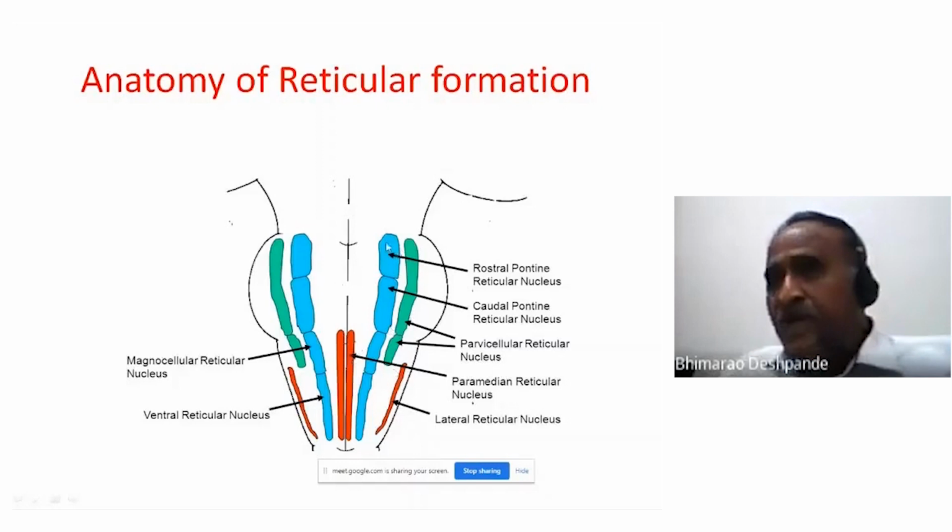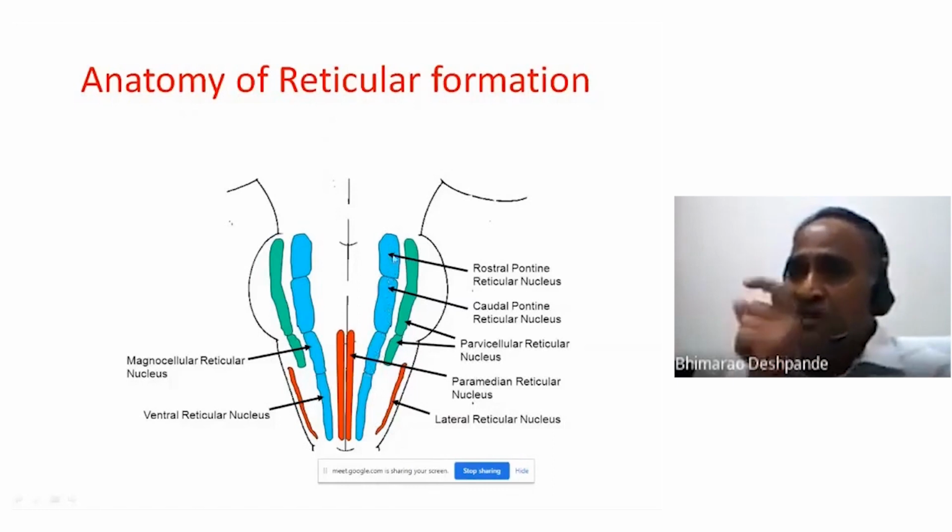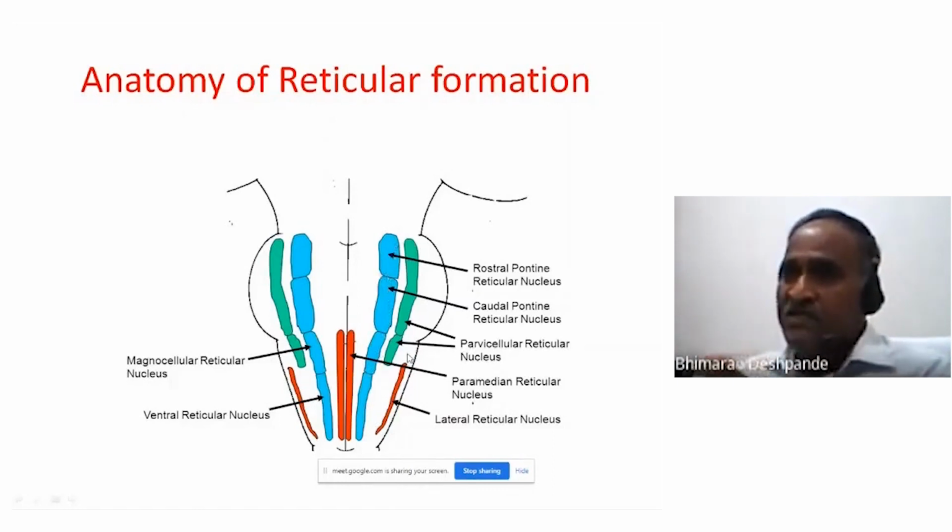Then we have the pons. This is the rostral pontine reticular nucleus, and a caudal. These are magnocellular. The cells of these nuclei, or the neurons, are very large.